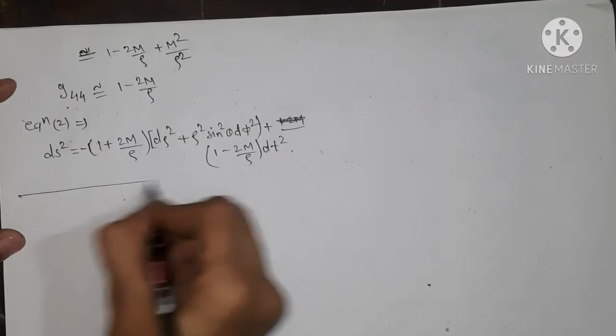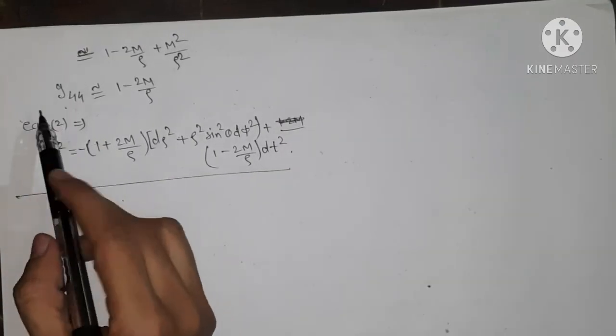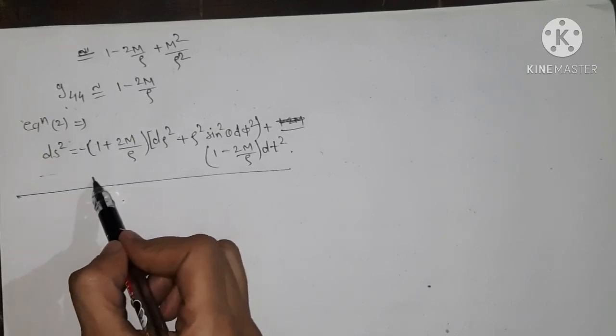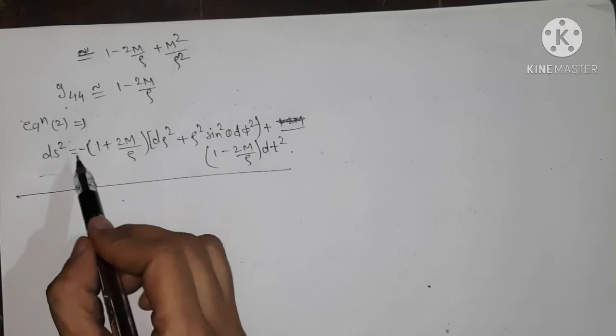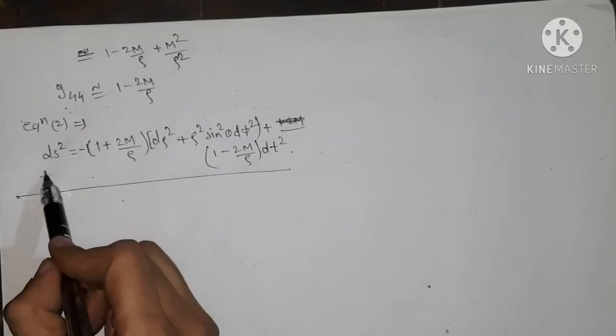So we complete here the isotropic form, and this is the isotropic form in the weak gravitational field, by approximating G11 and G44 up to the first order term. So we get this form.